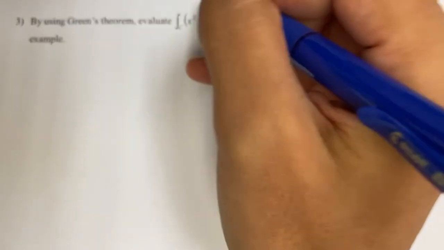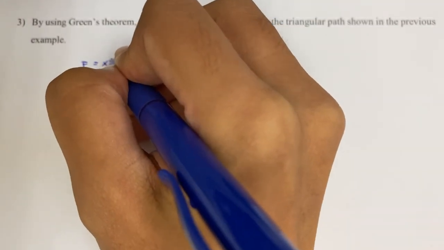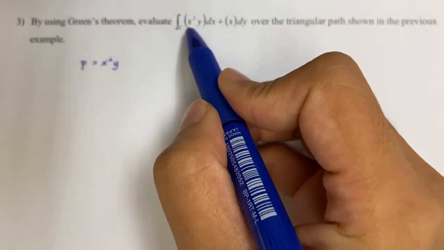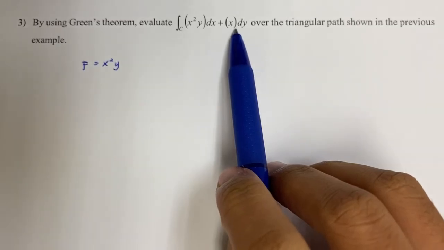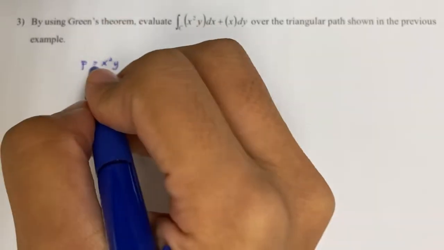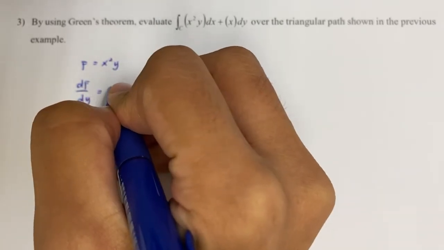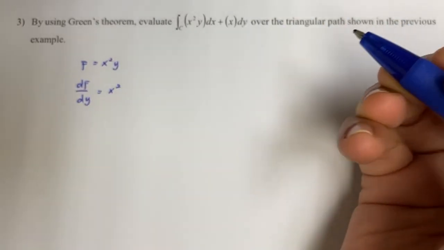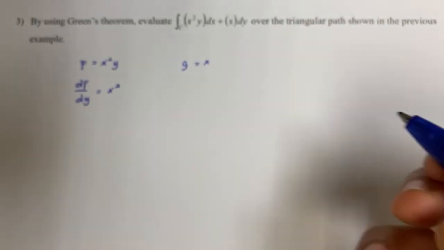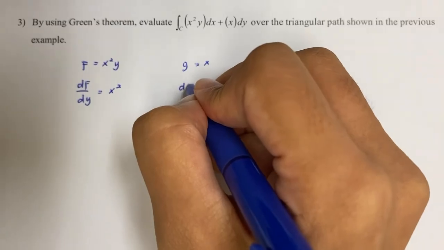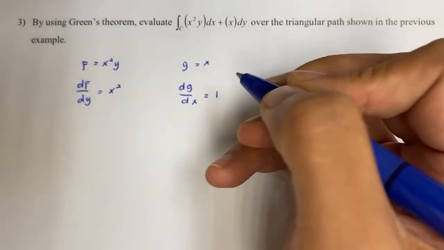You need to know what your f is and what your g is. f is the one with dx, f dx, g dy. So f is equal to x squared y. Find df over dy, which is x squared. And g is x. Find dg over dx, and this is equal to 1.